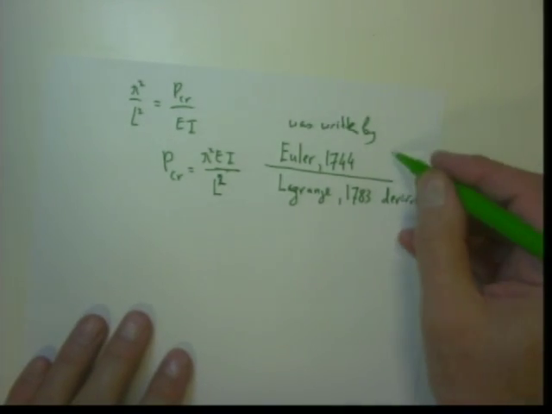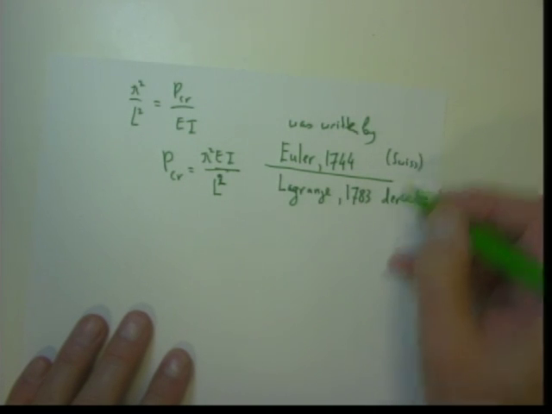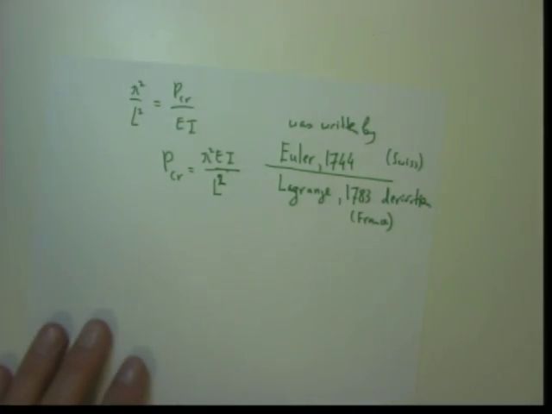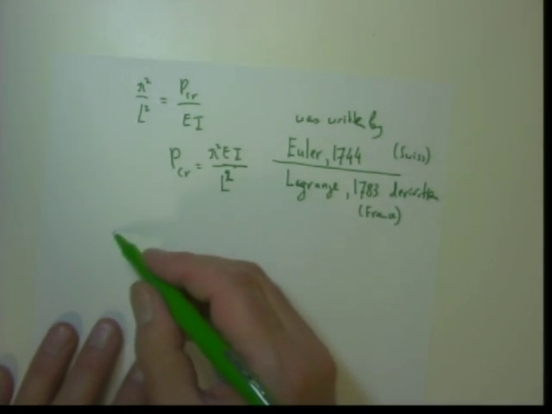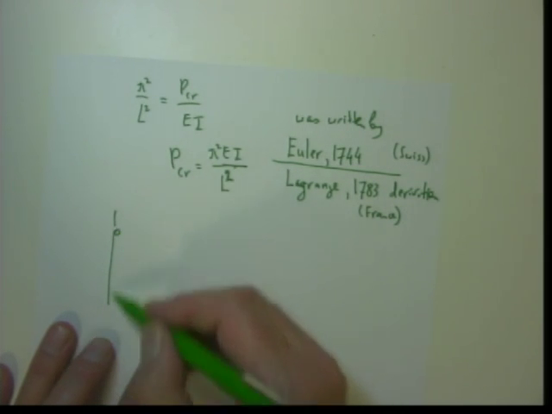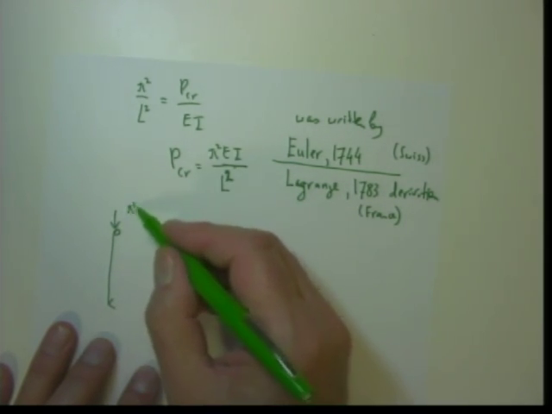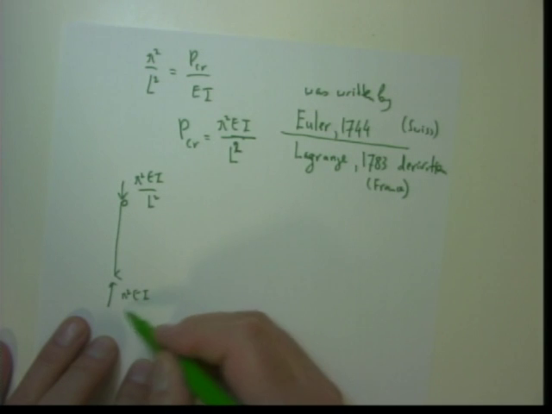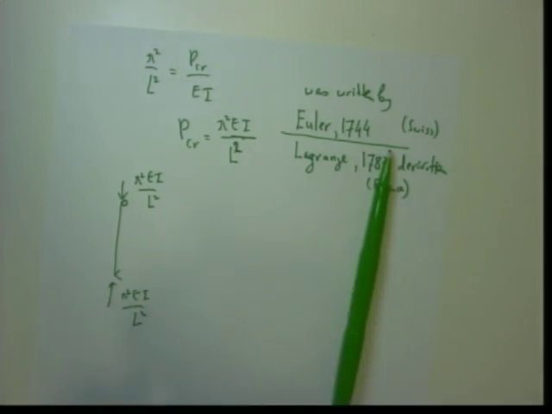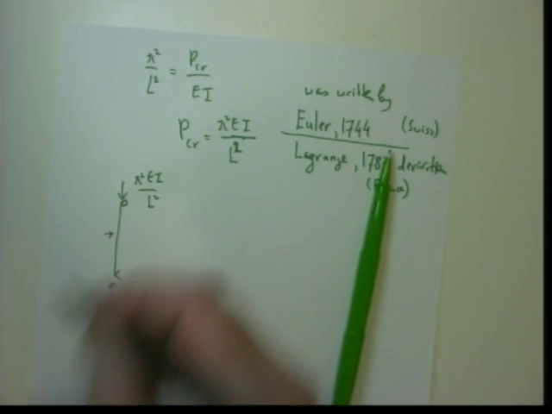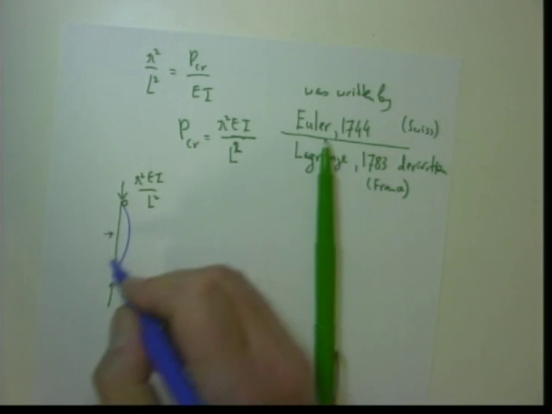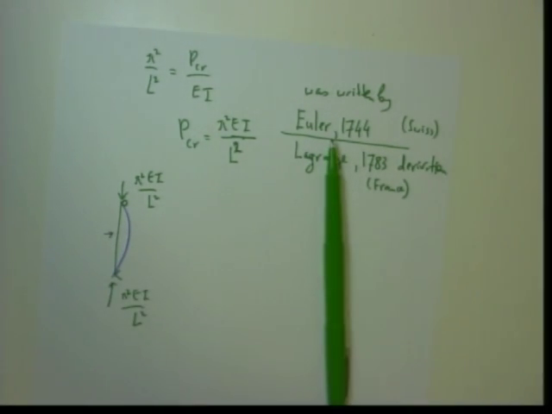The first one is from Switzerland, and this is from France. Now that means that if this load equals pi squared EI over L squared, then a small kick would result in non-return to the original position, or buckling. So this is called the buckling load.